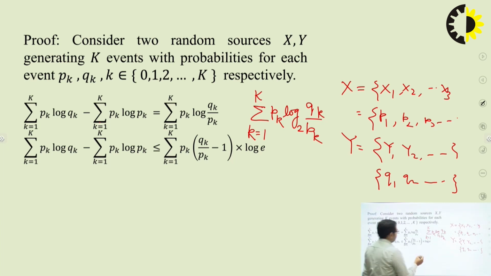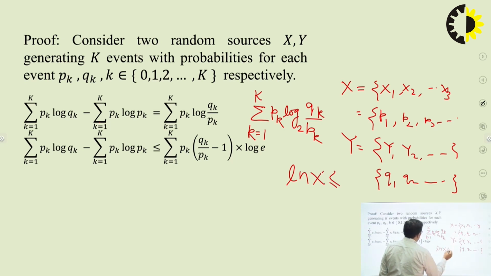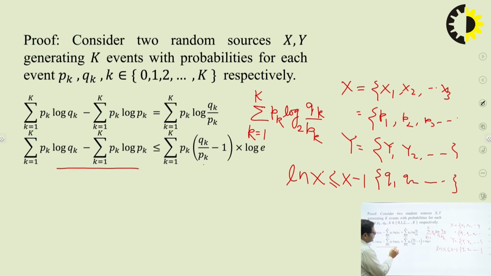Now, we are using the simple log identity that ln x is less than or equal to x minus 1. When we apply this identity, this quantity must be less than or equal to Pk times (Qk upon Pk minus 1) into log e. Here we have converted the log at base 2 into natural log.